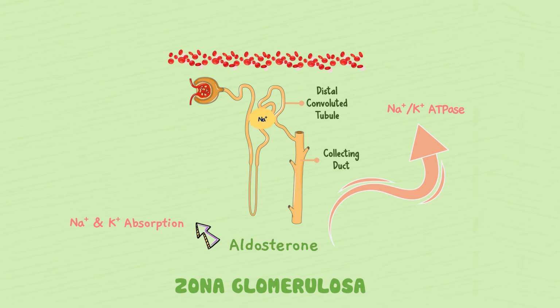Sodium moves from tubule into the cells, hence causing reabsorption of sodium. Along with the sodium, water also moves into blood, thus increasing blood volume and blood pressure as a result.